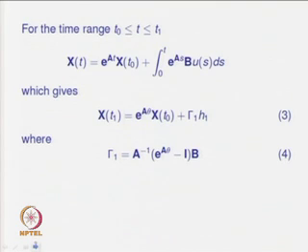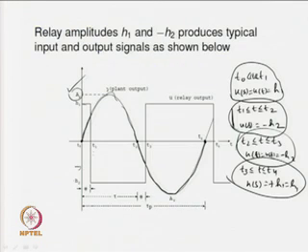Now, I will start my analysis for different time ranges. So, for the time range t0 to t1, where t1 is equal to theta. Please keep in mind that at time t equal to t1, we have time t equal to theta.